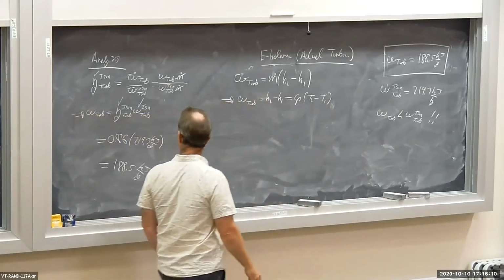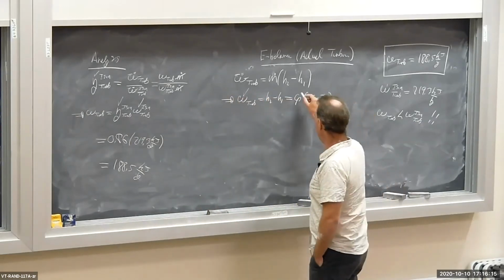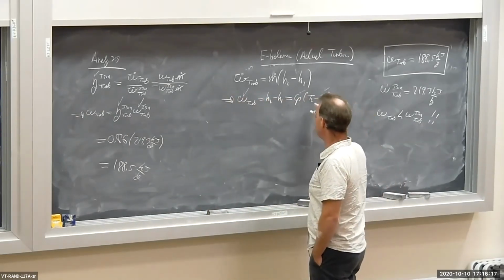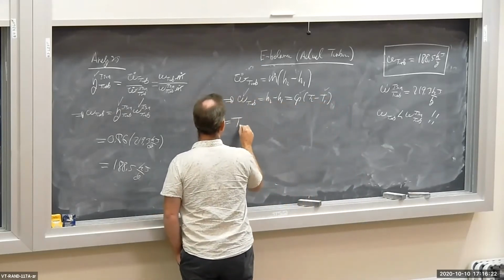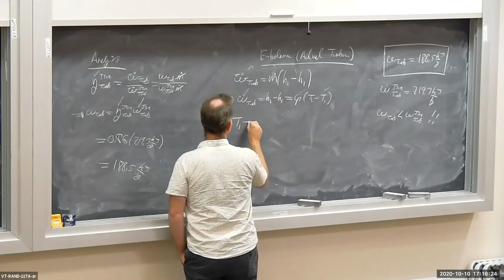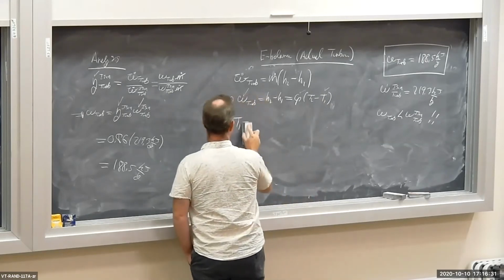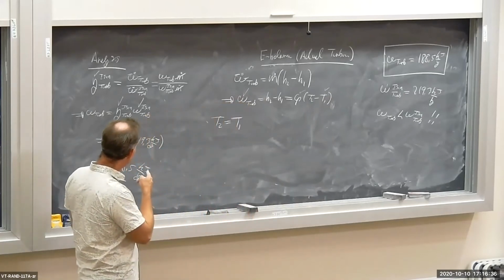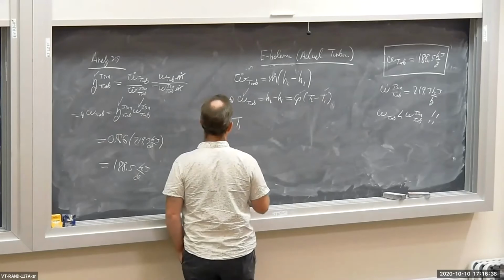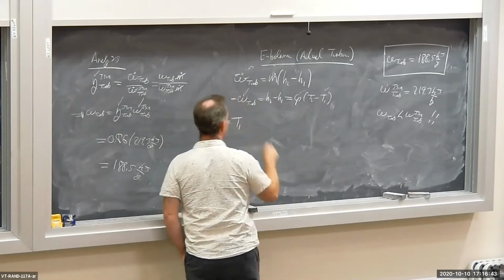Now, I have W for the turbine. It's 188 kilojoules per kilogram. I have a specific heat, and I also have T1, so I can solve for T2. Oh, I think I forgot the negative sign here. I did. There is a negative sign right there.